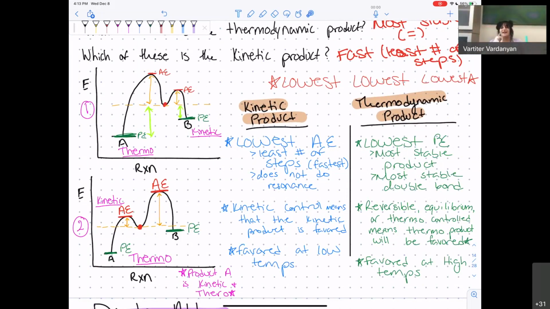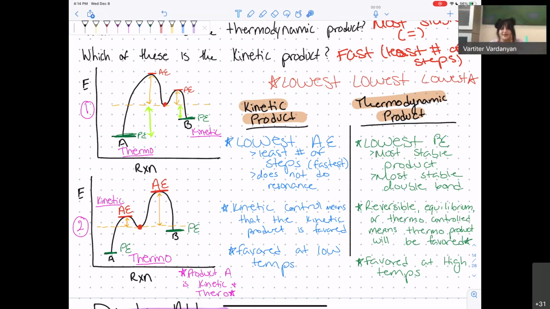So the kinetic product is the one that has the lowest activation energy. The thermodynamic product is the one that has the lowest potential energy. We are only talking in terms of lowest. We're never going to talk about highest or anything like that.